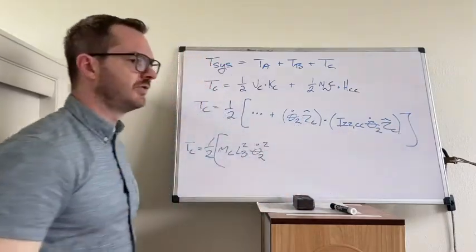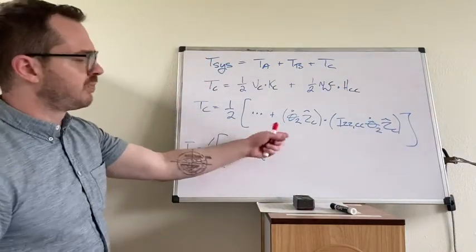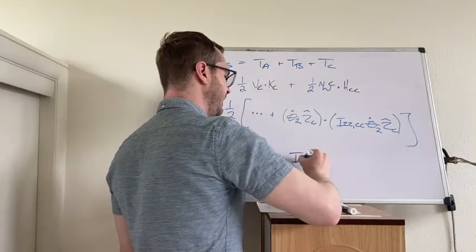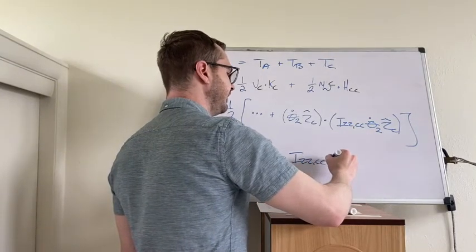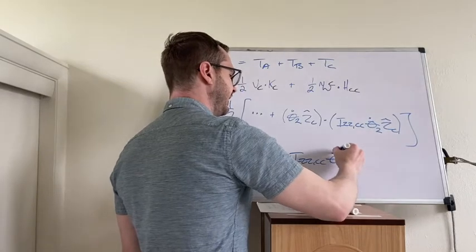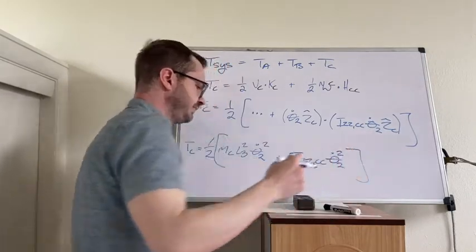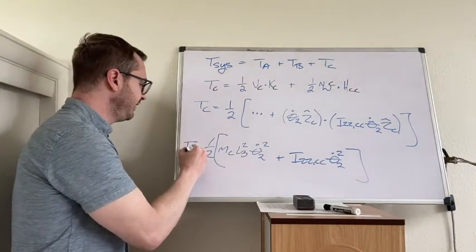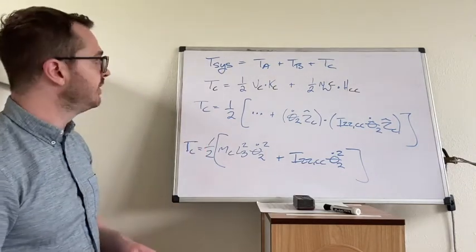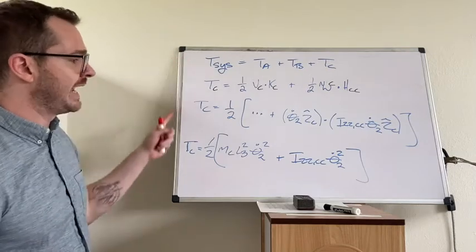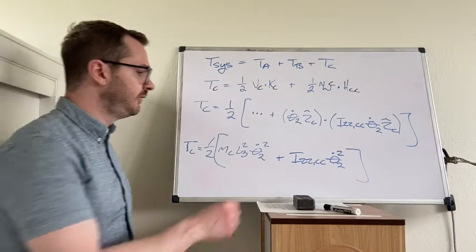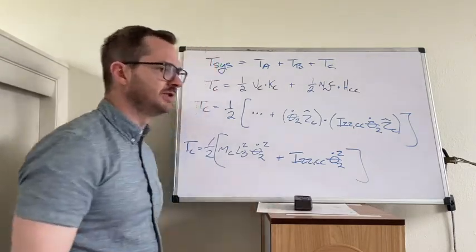You can leave it in terms of ZB, it's fine, it's the same thing. Performing this dot product, we have this scalar inertia term that comes down, IZZ CC theta 2 dot squared. Okay, so here was TC. You already have TA and TB. If you want the total kinetic energy, you add all three of them together. We've got this done. Let's do potential energy next.